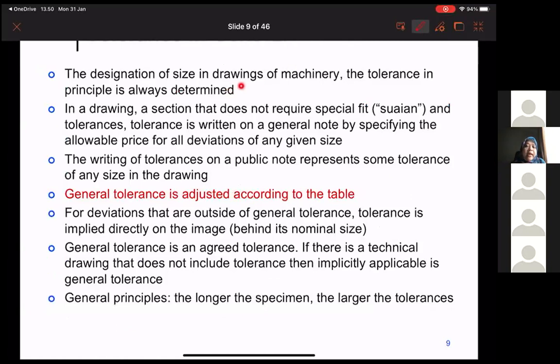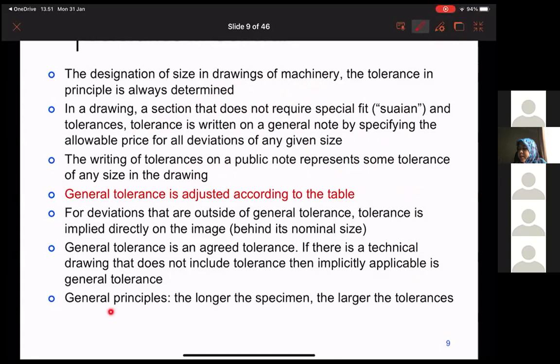For the designation of size in drawing and machinery, the tolerance principle is always determined, so when it is manufactured in the machinery, the deviation is allowable. In the drawing, where the section doesn't require a fit, the tolerance is written as a general note in the drawing, and the general note represents the tolerance of size of the drawing. We can check it one by one from the next slides.